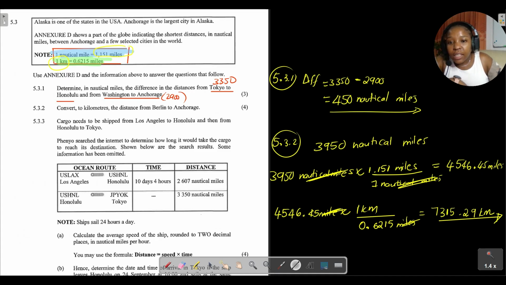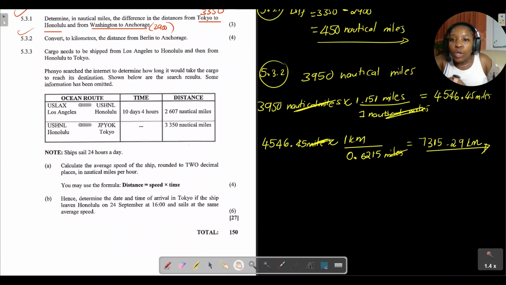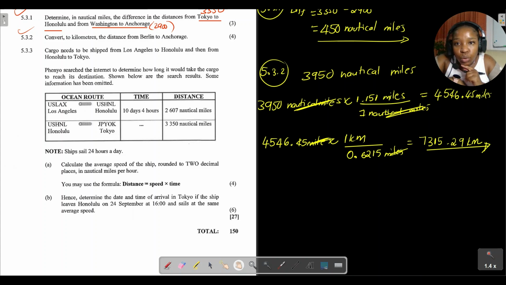Cool stuff. Let's have a look at the next question. Question 5.3.3. It says that cargo needs to be shipped from Los Angeles to Honolulu and then from Honolulu to Tokyo. Peño searched the internet to determine how long it would take the cargo to reach its destination. Shown below are the search results.